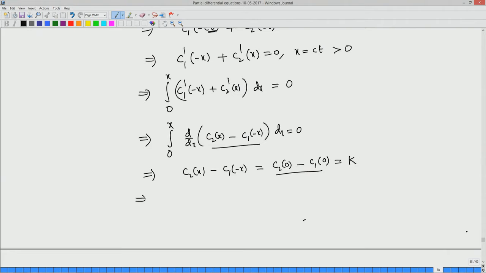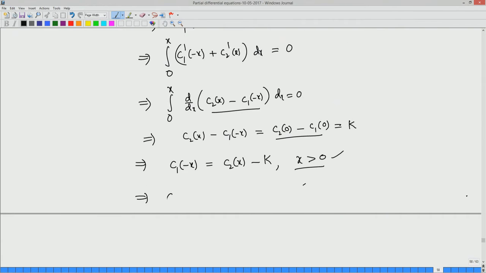So this will give me C1 at minus x, x is positive, equal to C2(x) minus k. This is for x positive. So this means C1(x) equals C2(-x) minus k for x negative. So this is what I got.